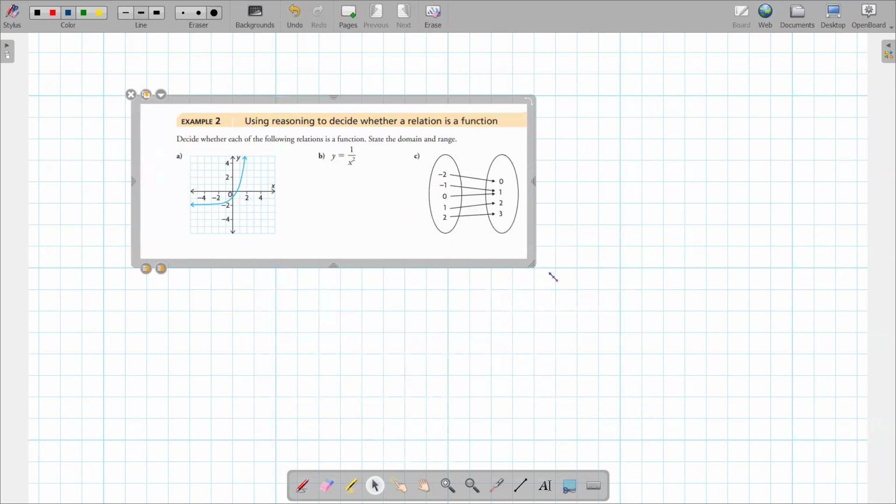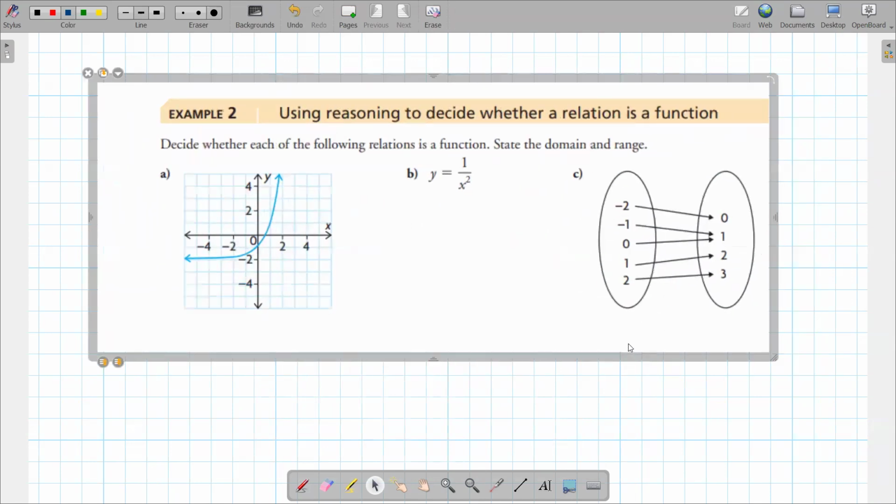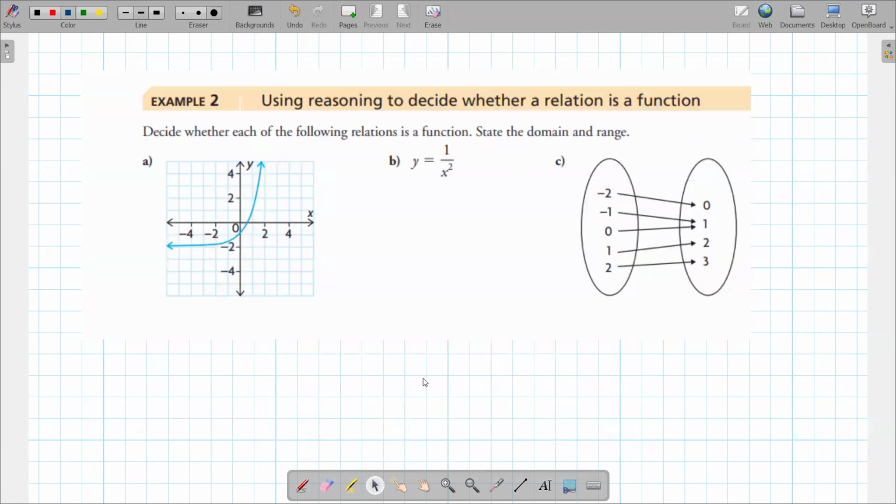All right, let's look at this one. Use reasoning to decide whether a relation is a function. Now, you know what a function is, right? It's something in this form, but there's some restrictions. The main restriction for something to be a function is that it has to pass the vertical line test, like this.